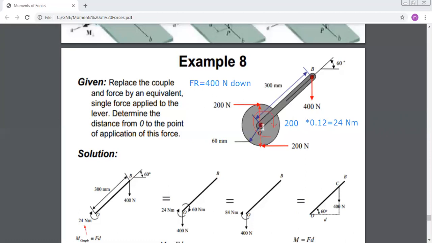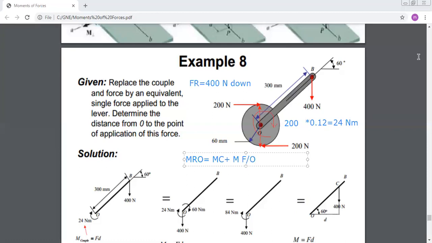Now I want to find the resultant couple at O. Okay? I can say that M resultant at O is equal to the moment of the couple, which is here 24, plus what? Plus I should add the moment of force about O. Okay?